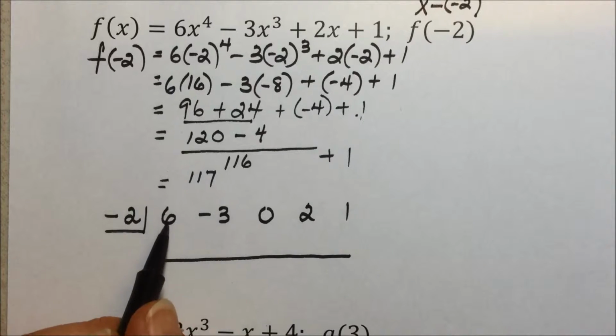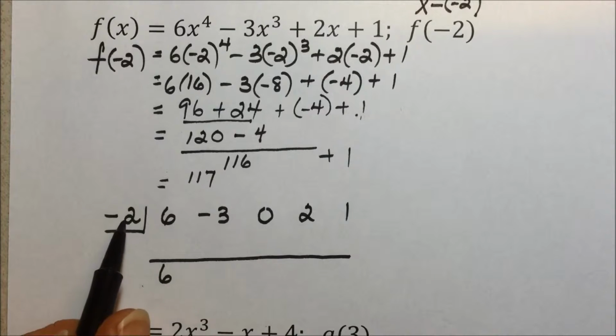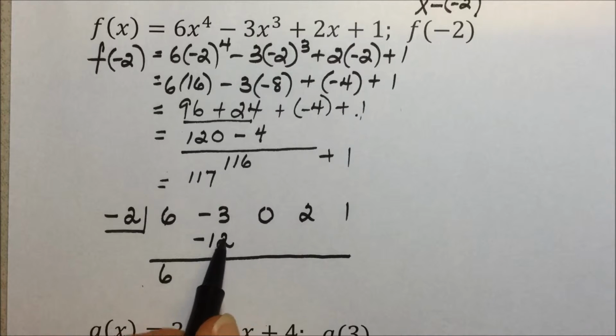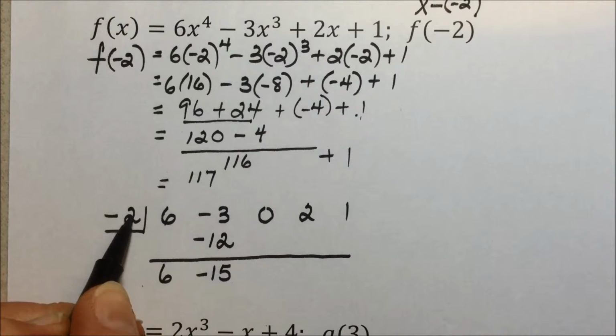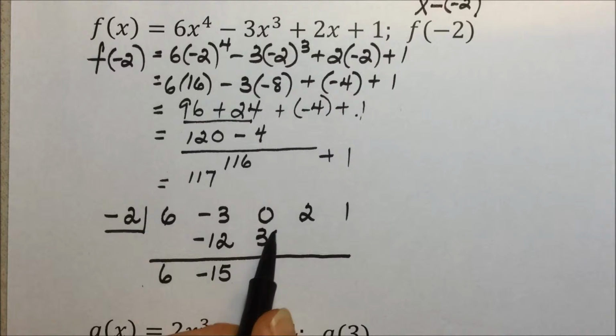Synthetic division wise, we bring down the leading coefficient, we multiply by our value of a, which gives us -12. We add then: -3 plus -12 is -15. We go back and multiply. Negative times a negative is positive. 15 times 2 is 30. We add, that's 30.